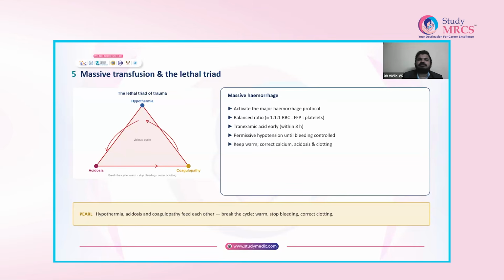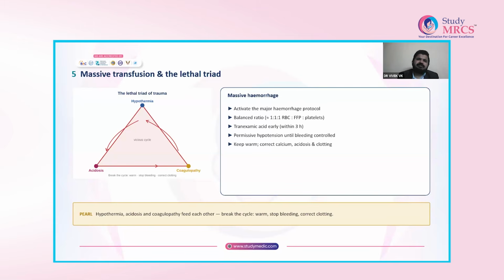So in a patient with trauma along with hemorrhagic shock, you have to initiate the massive transfusion protocol. Always transfuse in a balanced ratio, that is the 1:1:1 ratio. You have to give PRBCs, that is packed red blood cells, fresh frozen plasma, and platelets in a ratio of 1:1:1.